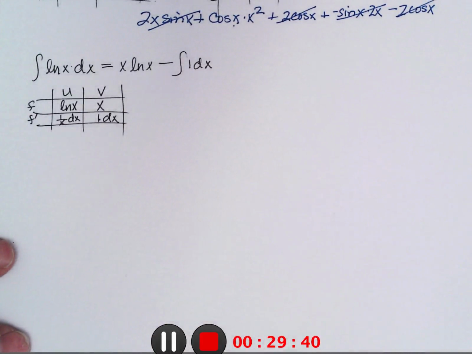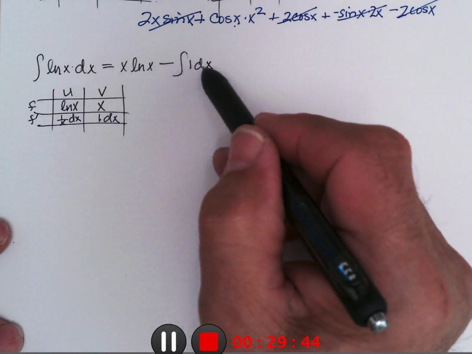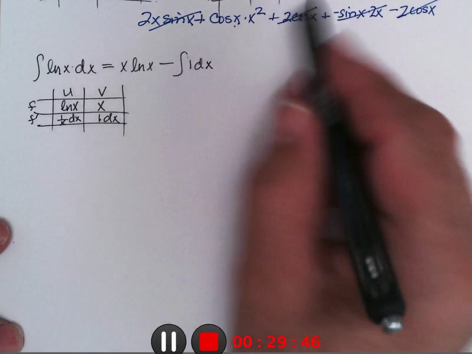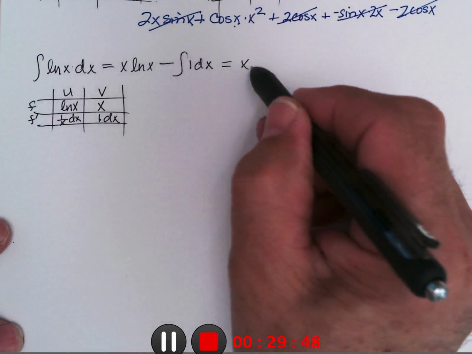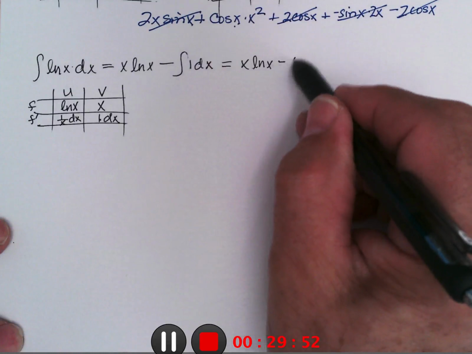And the integral of 1, the antiderivative of 1, is just x. So we get x ln x minus x plus c.